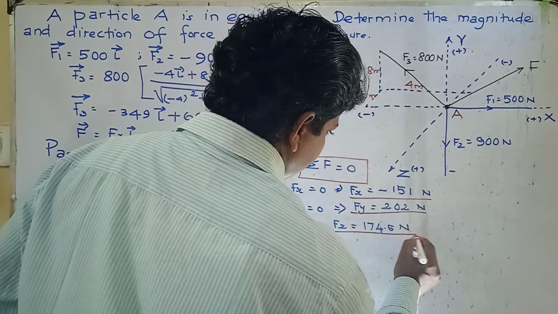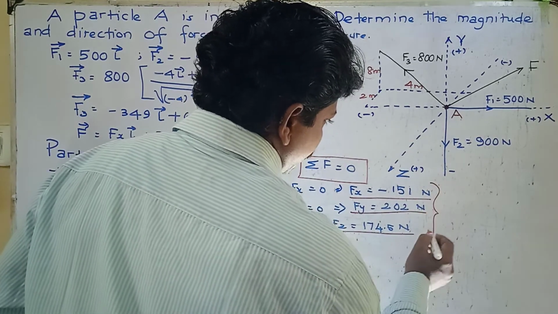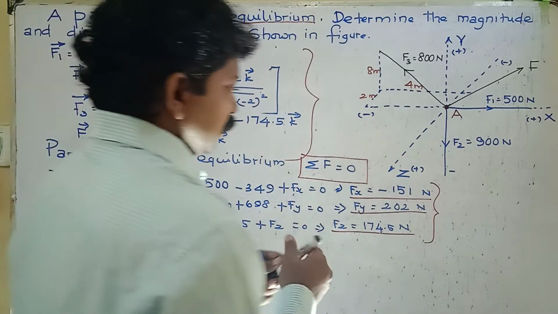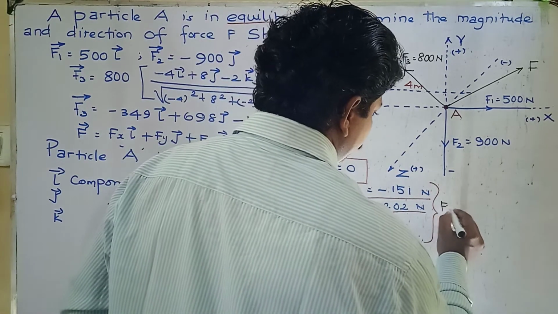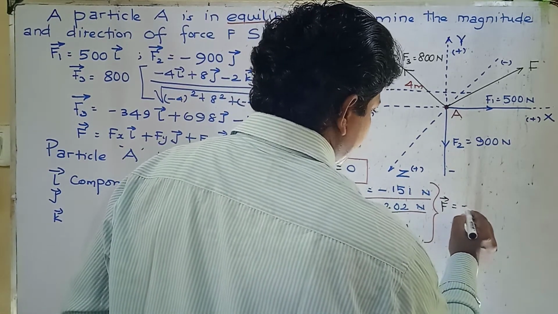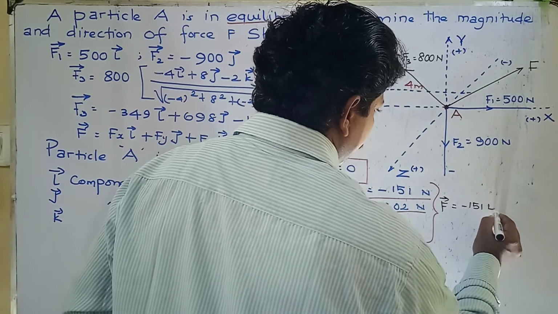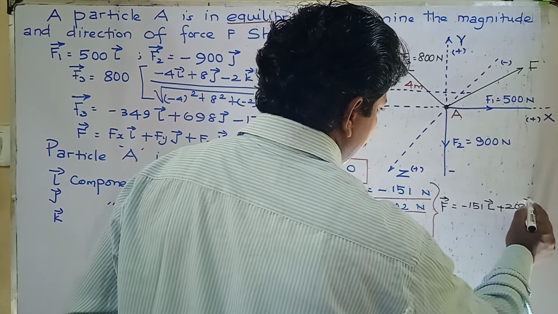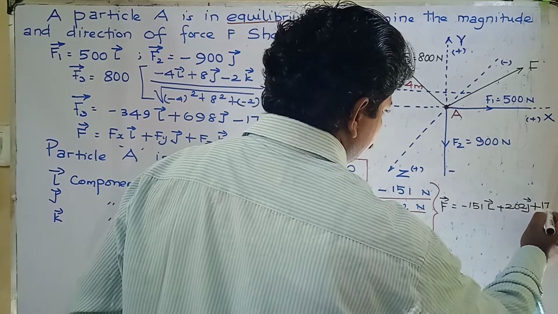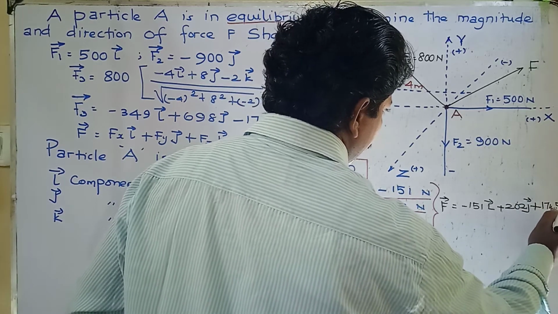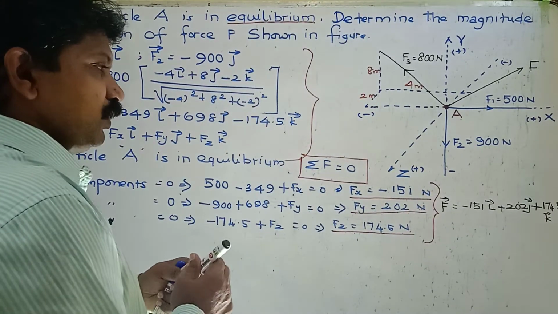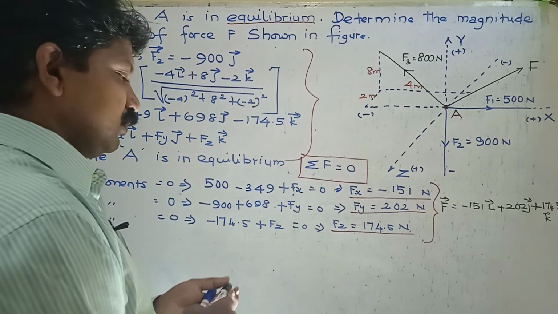So from these values, F vector equals minus 151 i vector plus 202 j vector plus 174.5 k vector.